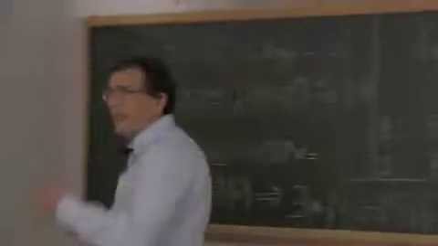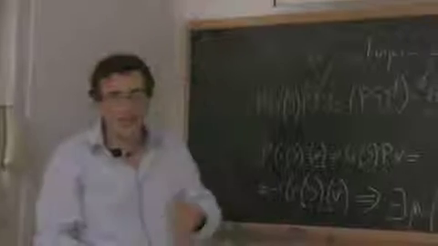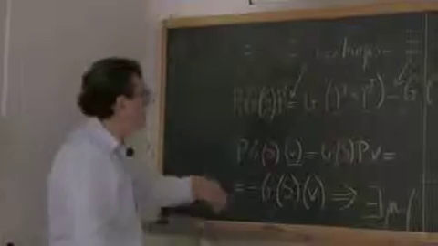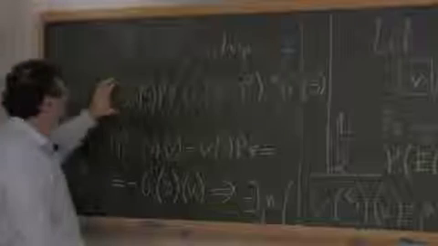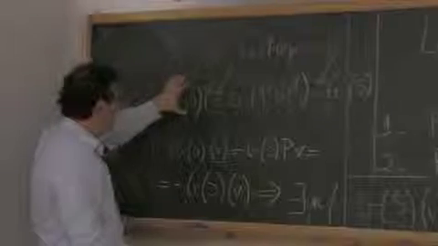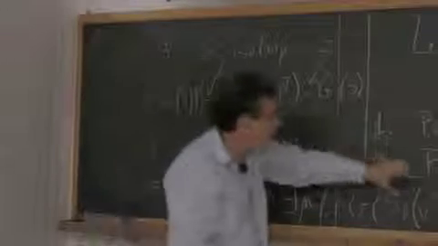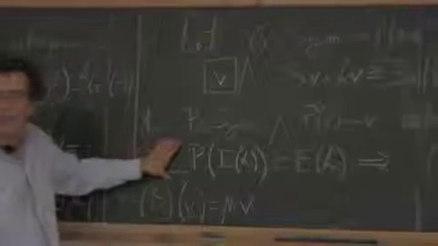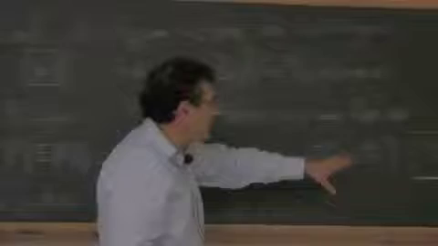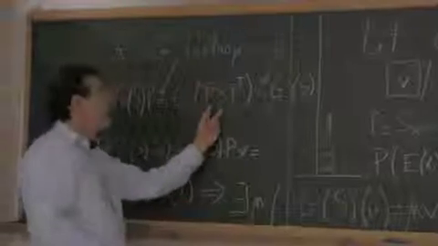So we need to use the ingredient, the hypothesis. The hypothesis is G is isotropic. G is isotropic means that this animal is equal to that animal. Then, because of the definition of P, and because of the commutativity rule, SP is equal to PS, so you have a commutation, and therefore you jump from here to there.